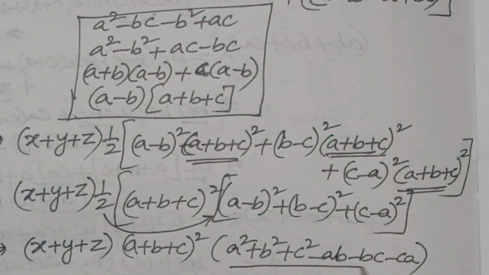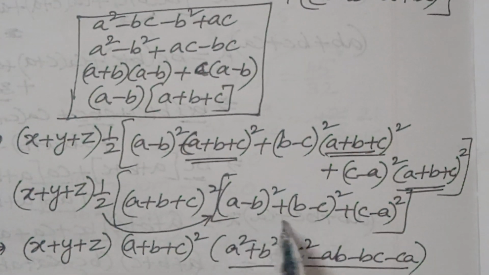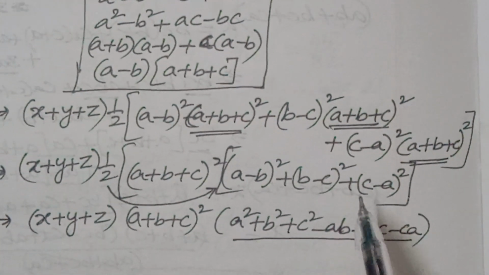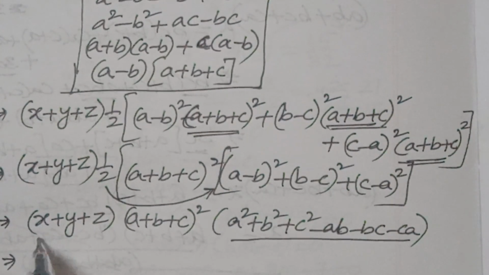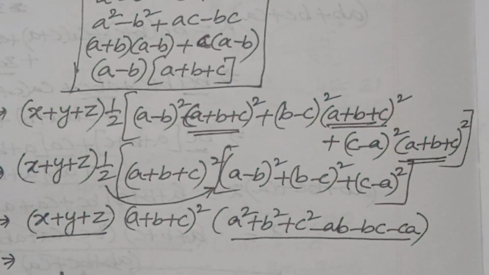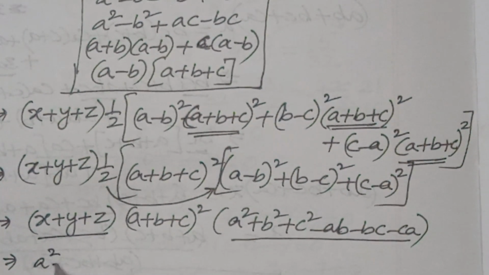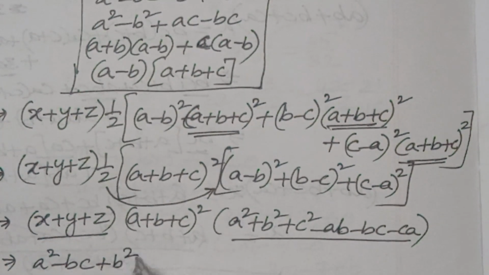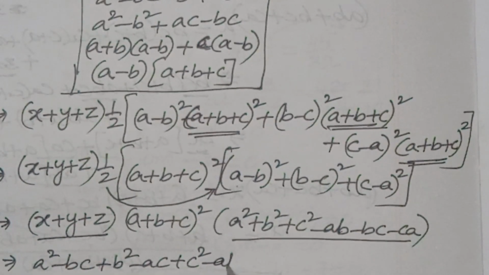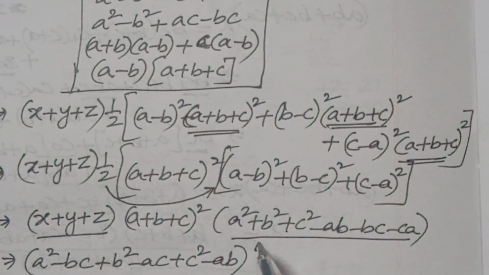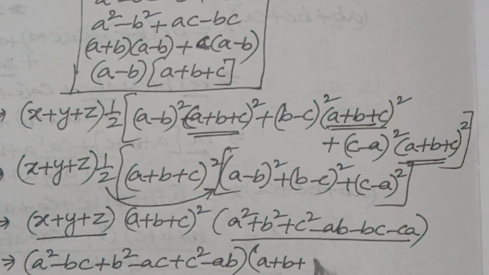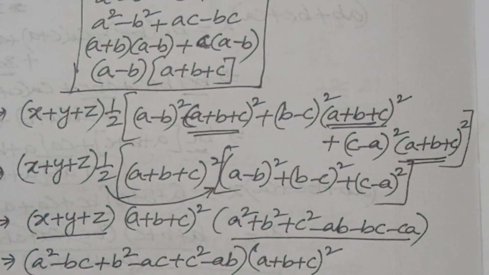This value is this half of a minus b whole square, b minus c whole square plus c minus a whole square. Now substitute the values in this x plus y plus z: a square minus bc plus b square minus ac plus c square minus ab. So here a plus b plus c whole square second term.